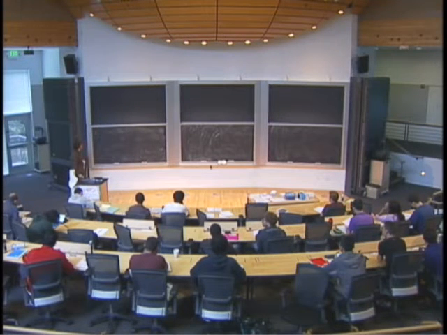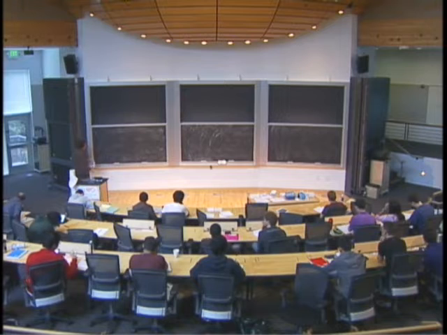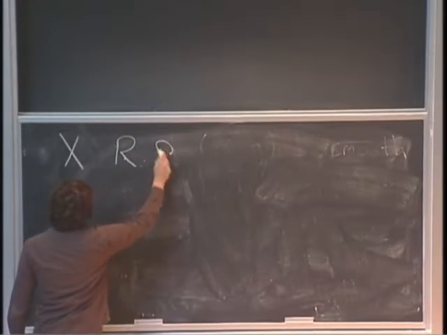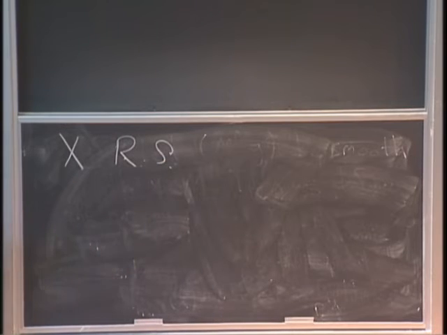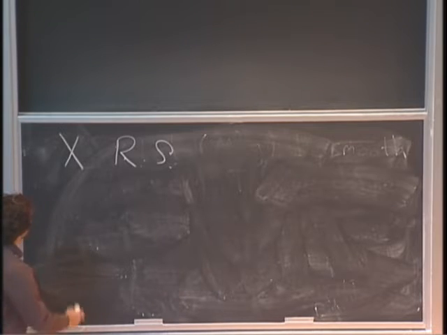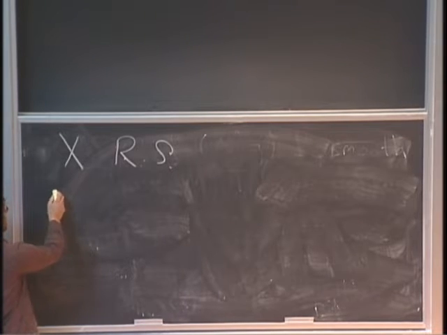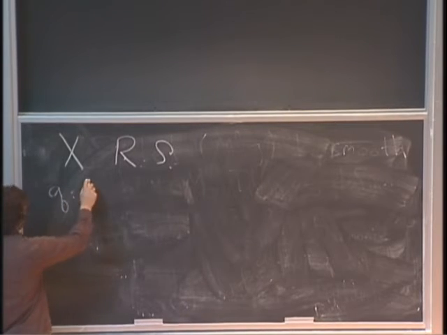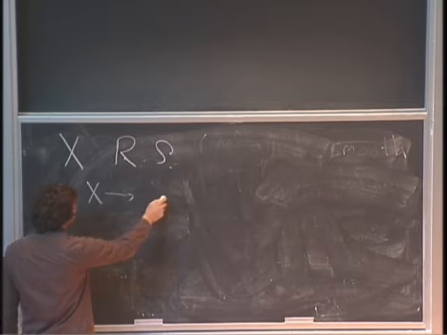Okay, so remember last time we were looking at these Riemann surfaces X, and so far we've introduced a number of different objects on the Riemann surface and discussed some of their properties. The first thing we looked at was meromorphic functions.